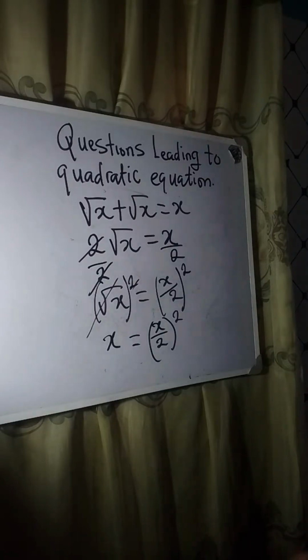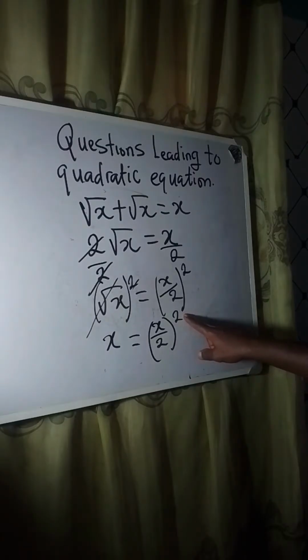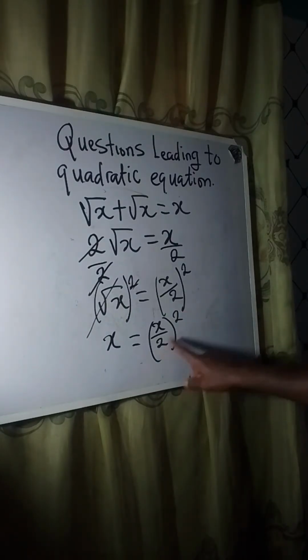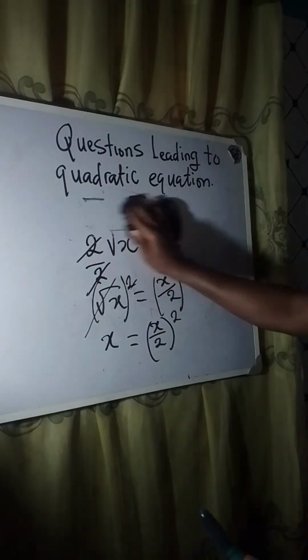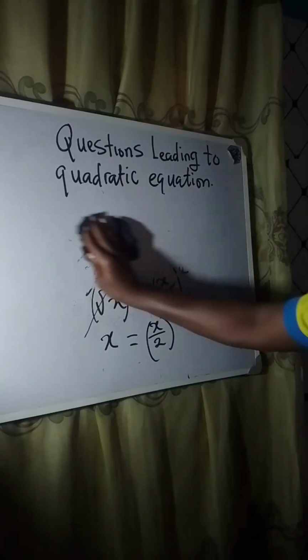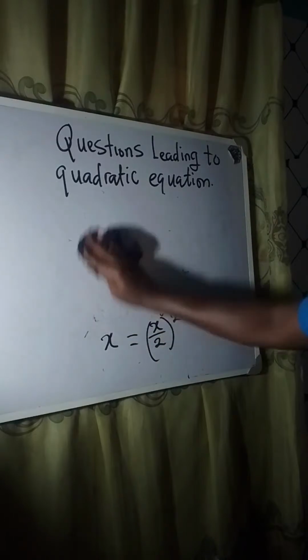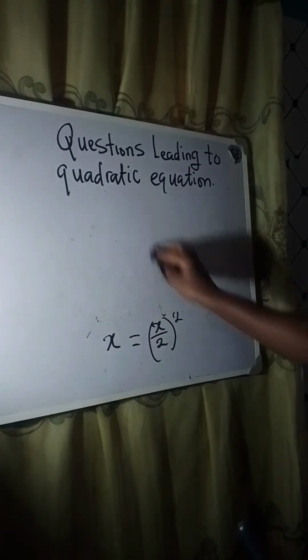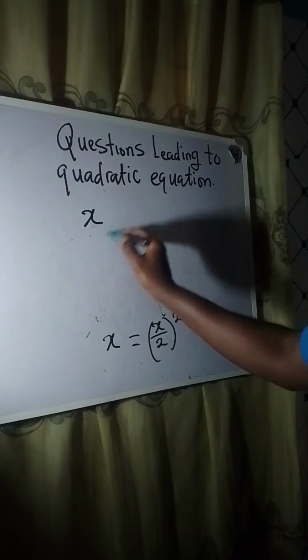Let's take a look. From here, remember that x here is raised to the power of 2, and similarly 2 here is also raised to the power of 2. So if I continue, I'll bring x out.